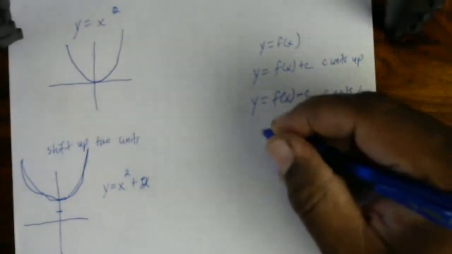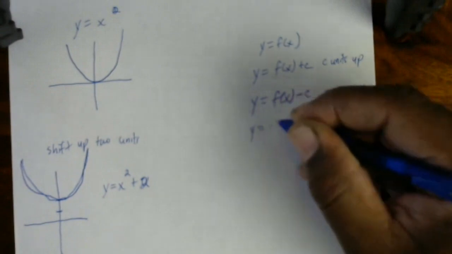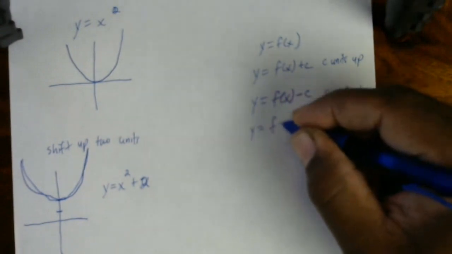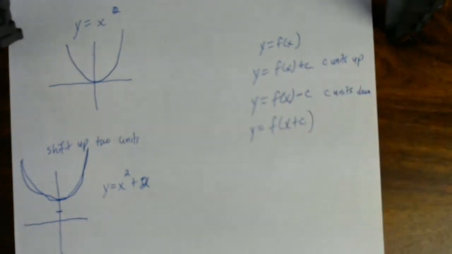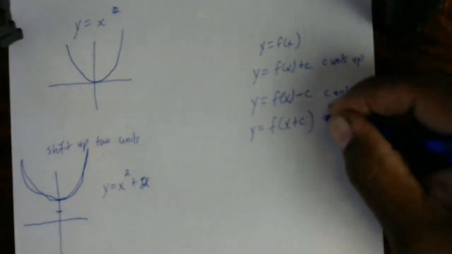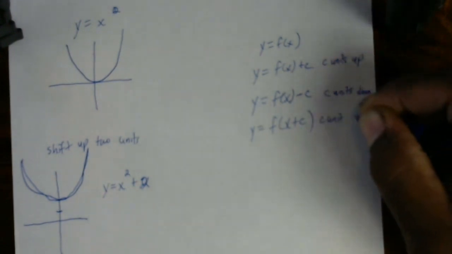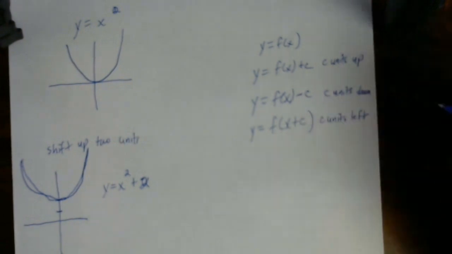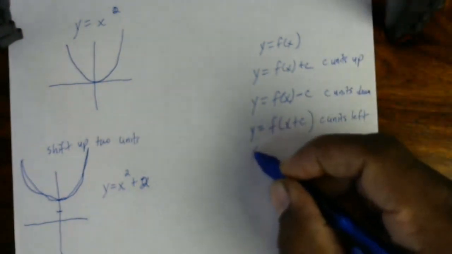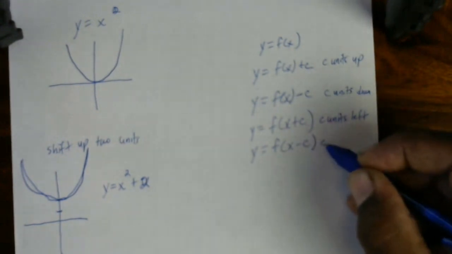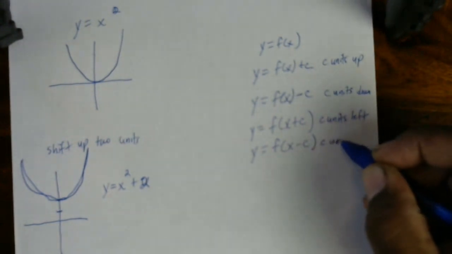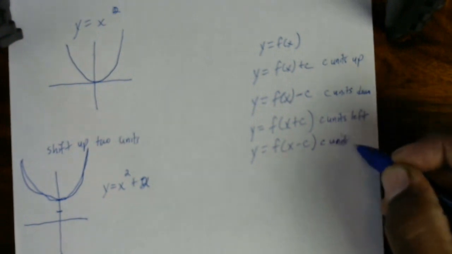So going back over here to our formulations, if we have y equal to f times the quantity x plus c, that's a shift left. So that's c units left. If you have y equal to f of x minus c, that's a shift c units right.